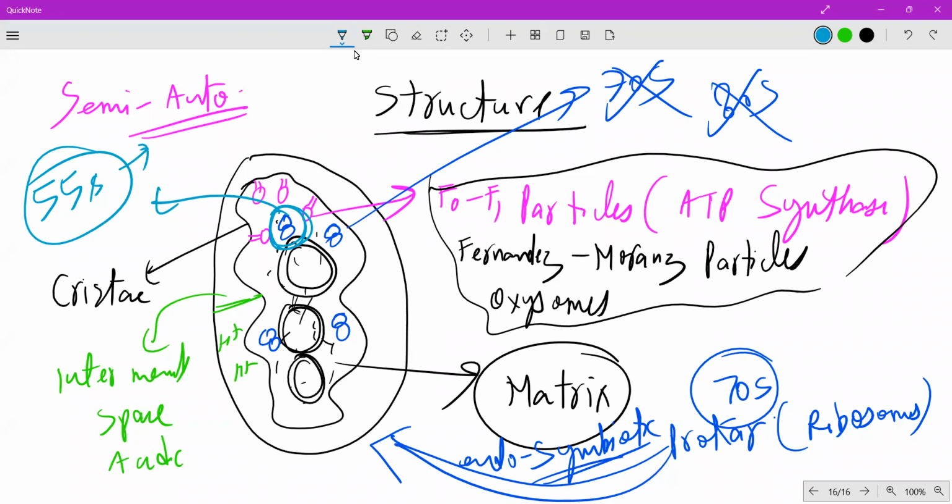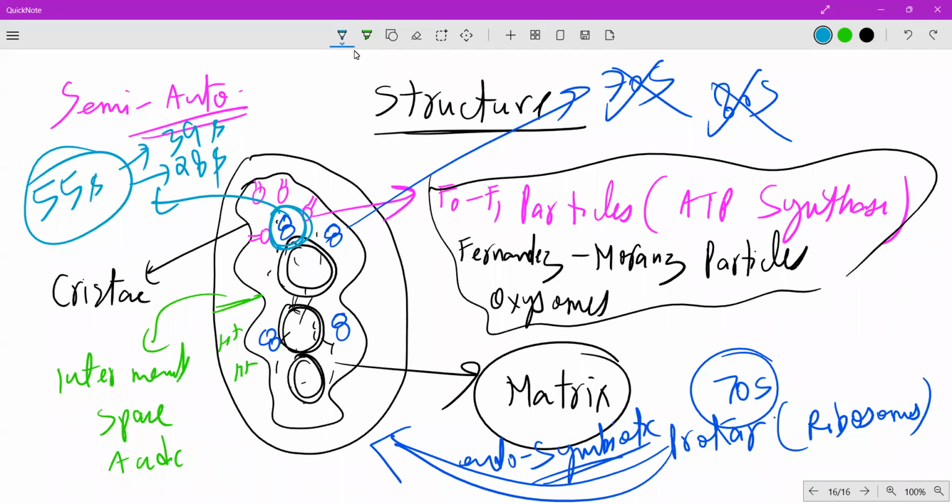We have a large subunit which is 39S, and a small subunit which is 28S. So in total this is 55S. This is the mitochondrial ribosome. Am I clear?